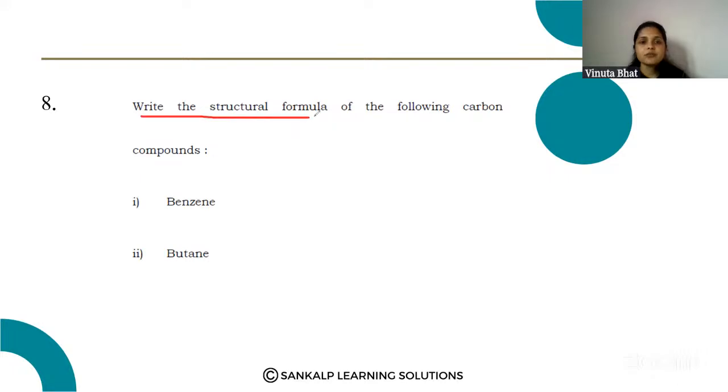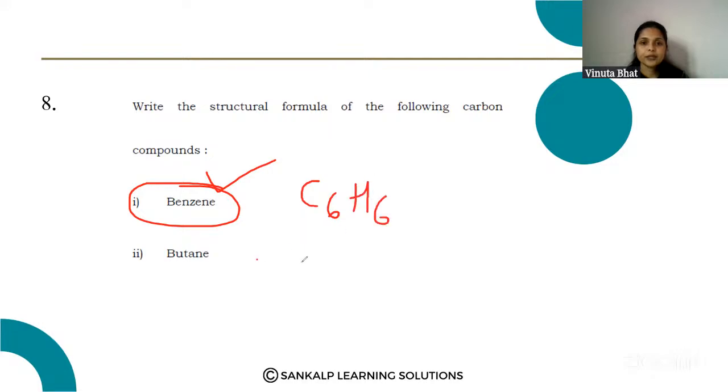Write the structural formula of the following carbon compounds: benzene and butane. Benzene formula we already know, already studied, right? Benzene is C6H6. And butane is C4H10. Two types of butane structure you can write. Already we have practiced that.